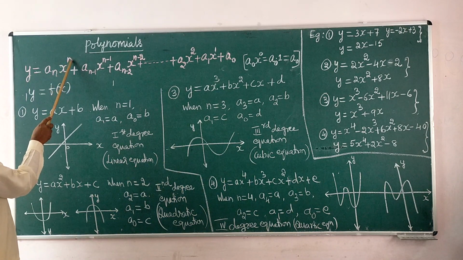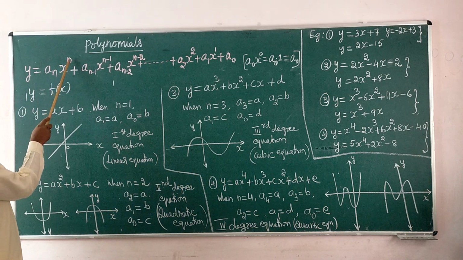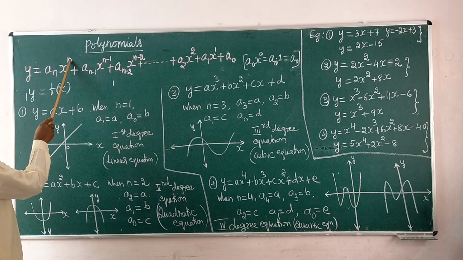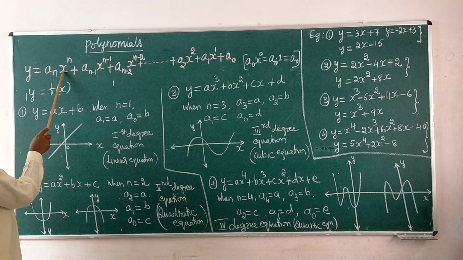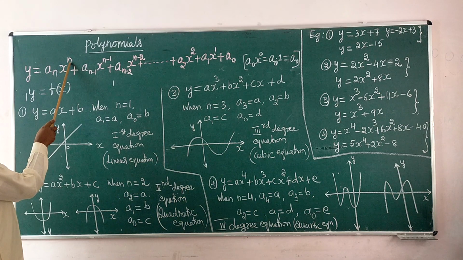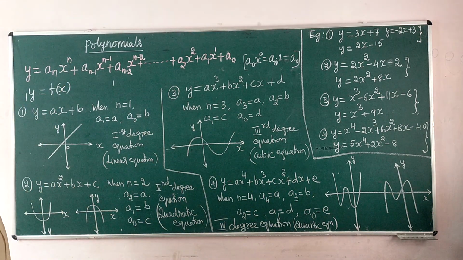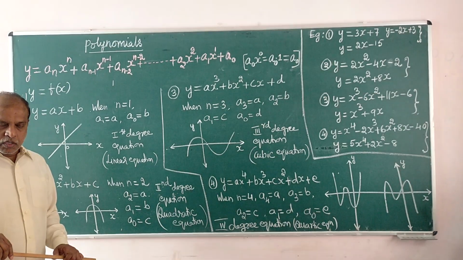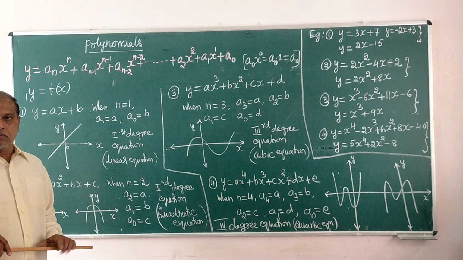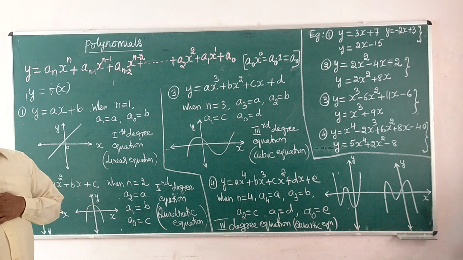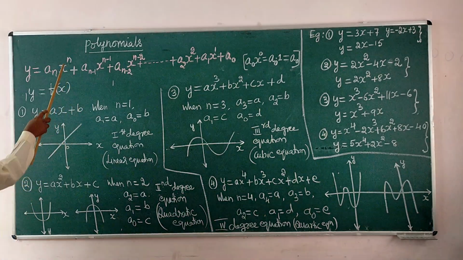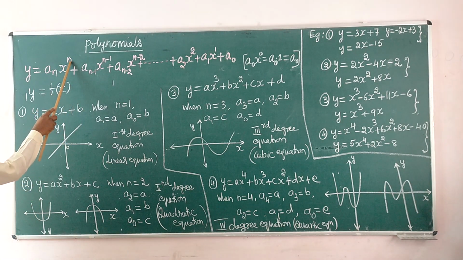N is an exponent of x, a numerical value, the power of x. The possible values of exponents are only positive integers. What are those values? 1, 2, 3, 4, etc. These are only positive integral values.